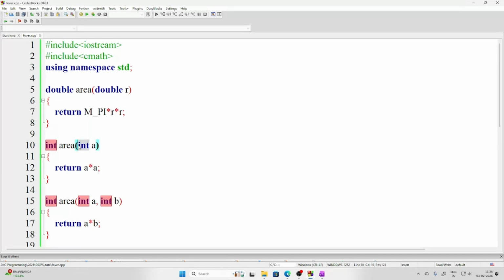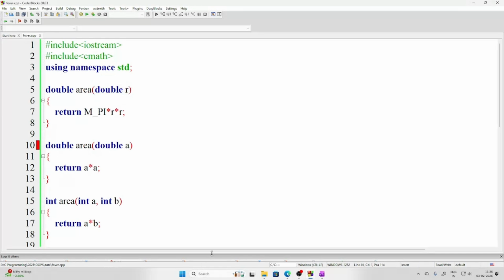So let us say this is double, and let us say I am also returning double. Remember, whenever we say overloaded, overloading is always with respect to the arguments, not with respect to the return type.